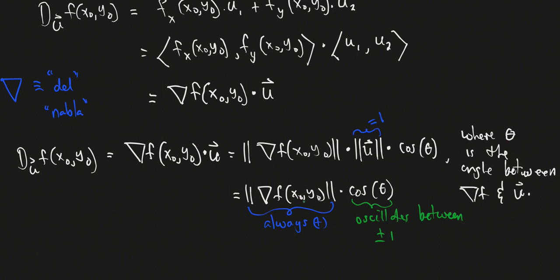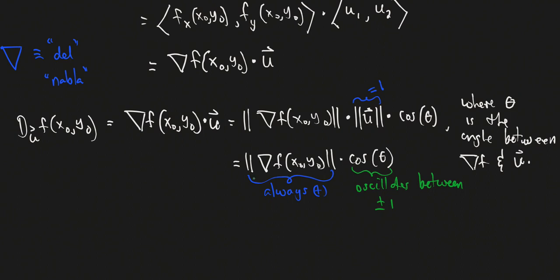So the only thing that really changes in this formula is the cosine part. Then we can ask ourselves, what would have to happen to this factor in order to get the maximum possible directional derivative? Well, if this is a positive constant, then the whole expression is as large as possible when cosine is as large as possible.